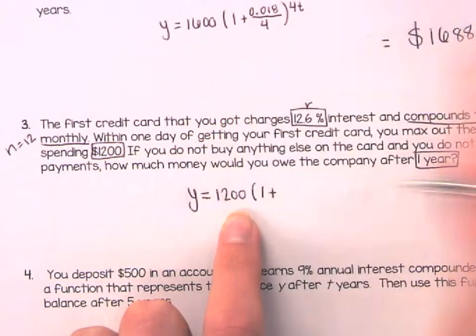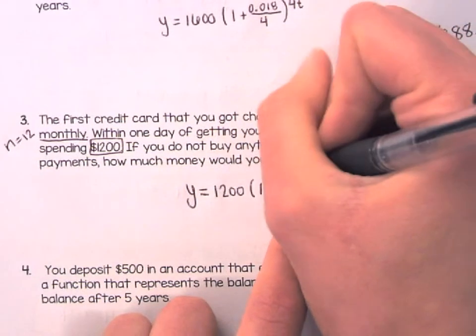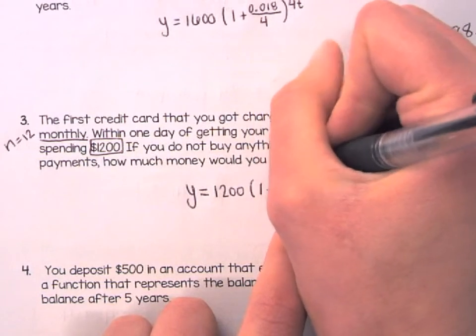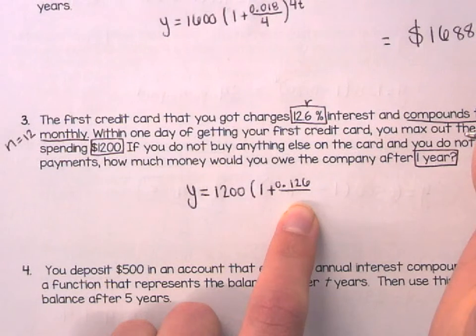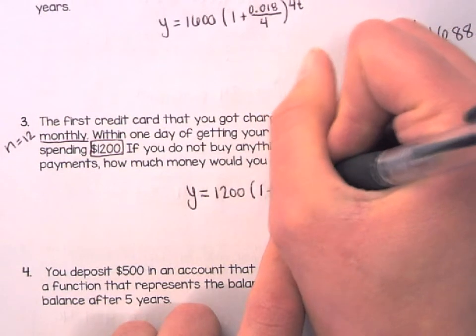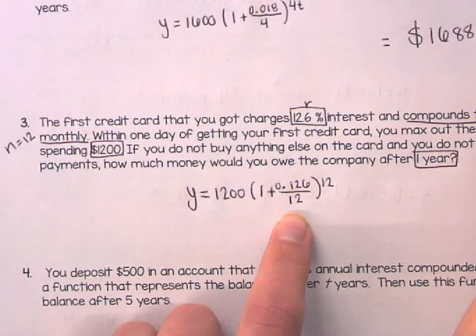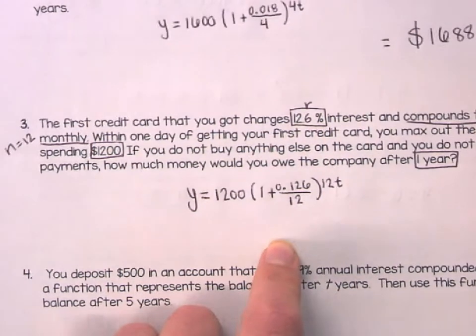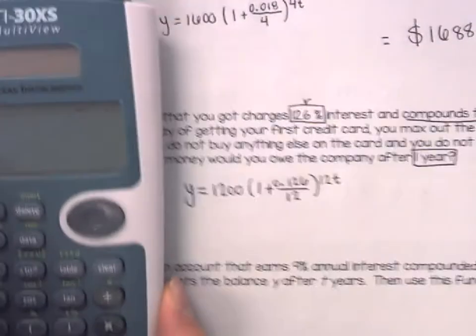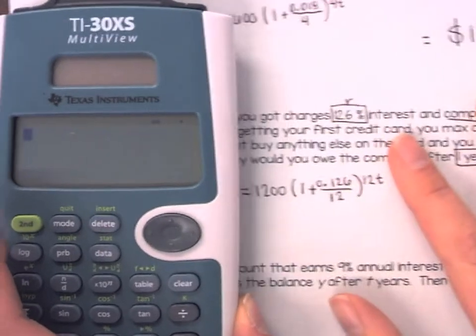1 plus is part of our formula. Our rate, 12.6% as a decimal, is going to be 0.126. And it's compounding every month, so 12 times a year. So we're going to put the 12 up here, times t, so it'll be 12t. And then we want to find what that equals after 1 year, so we'll use 1 for our t value. Everything else will get plugged into our calculator.